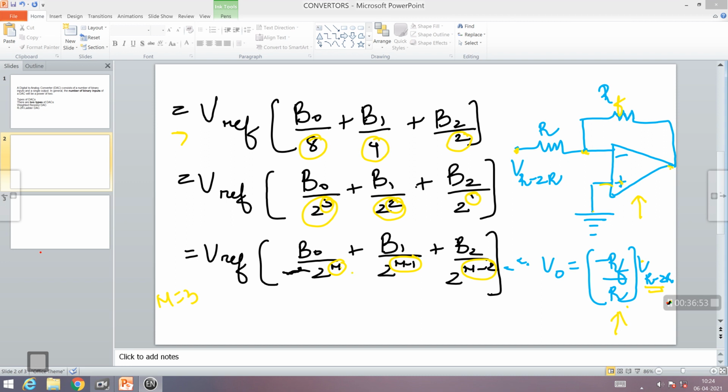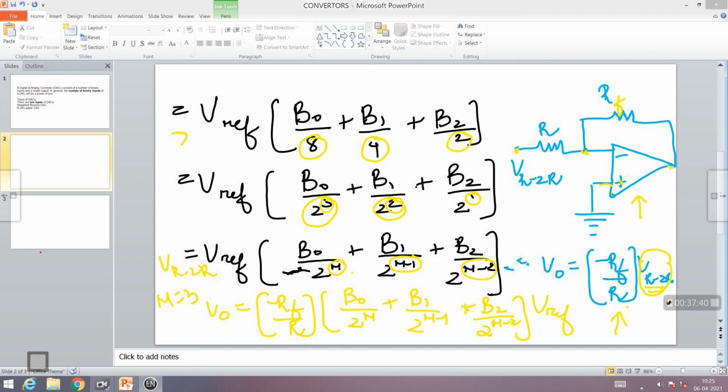Now what I have to do is, this is the voltage of my network, V R to R. So this entire equation has to be substituted over here, and when I substitute, I get my output voltage as minus RF by R, which is the first part, times the Vref term: V0 by 2 raised to n plus V1 by 2 raised to n minus 1 plus V2 by 2 raised to n minus 2.